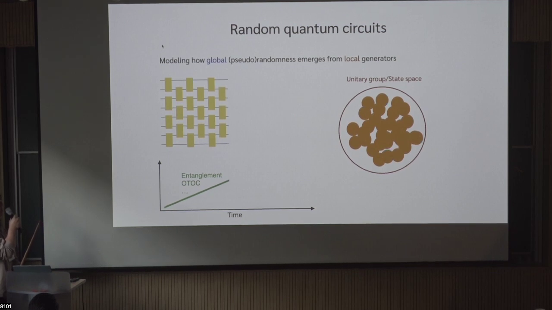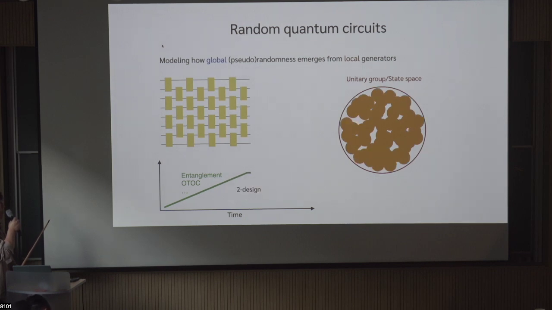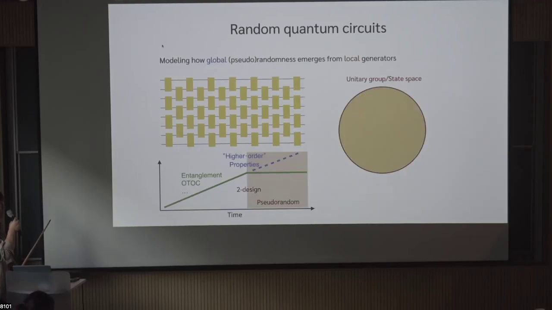This circle represents the unitary or state space, and what happens is we explore more and more of this space. At some point, it will look somewhat uniform, and basic properties like entanglement and OTOC will saturate.